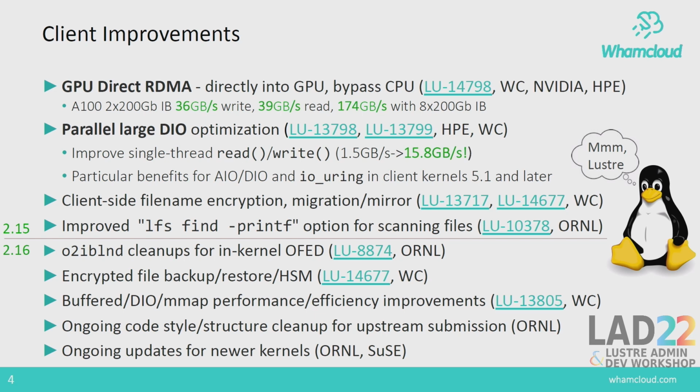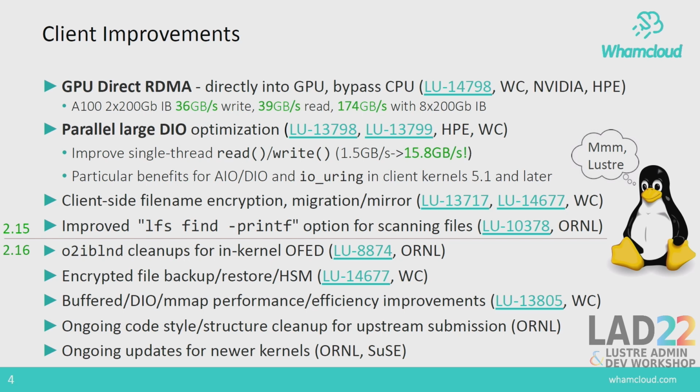And going forward with 2.16, one of the things that James said he would do is improve the O2IB to be more acceptable to upstream kernel developers, because we're using the in-kernel OFED in a way that they don't like.